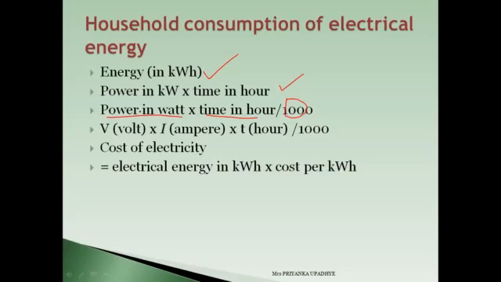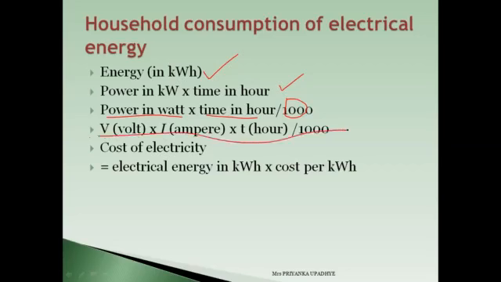If we consider power in watt and time in hour, we divide by 1000. Power is V into I, so energy is V into I into T divided by 1000.